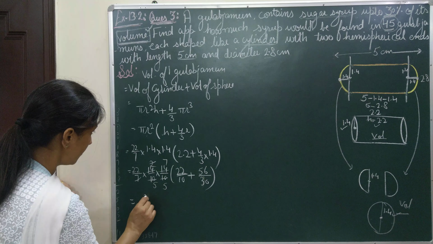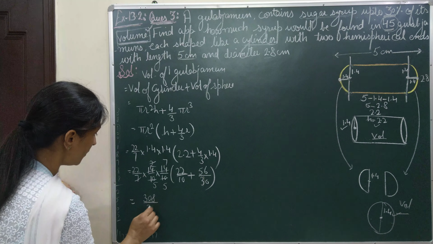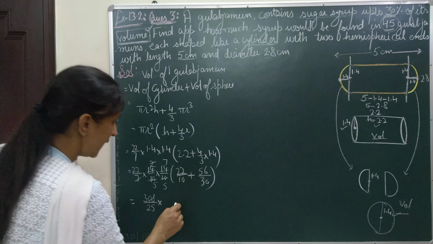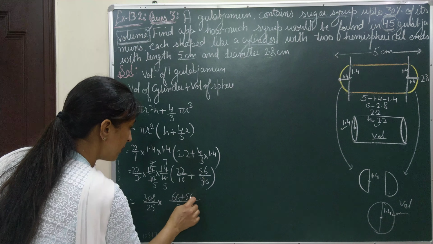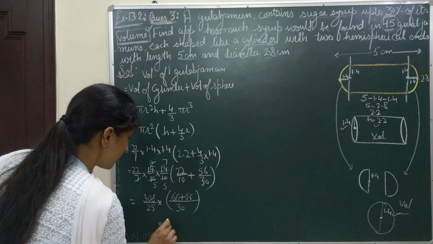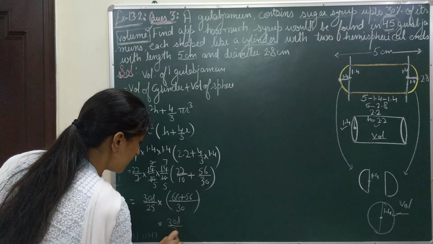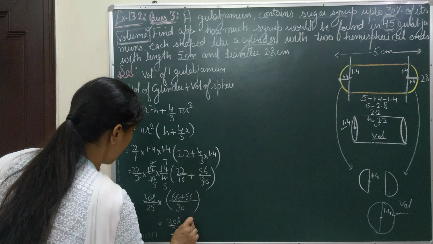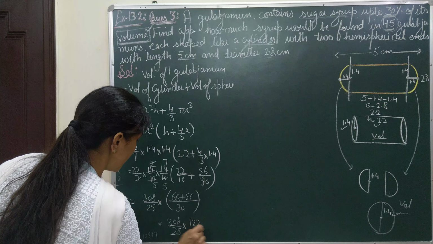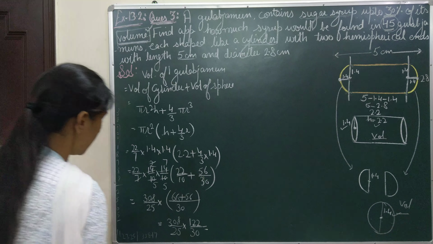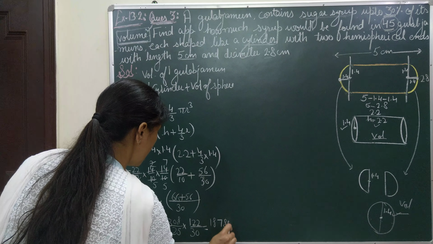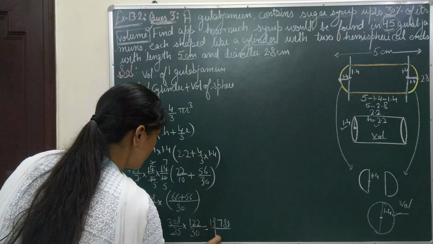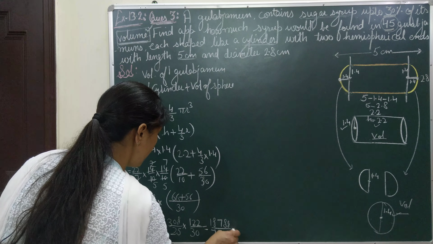What do I get? 308 over 25, and here taking LCM, 66 plus 56, 308, 25. When I add it is 122 over 30, and when I solve it becomes 18788 over 750.